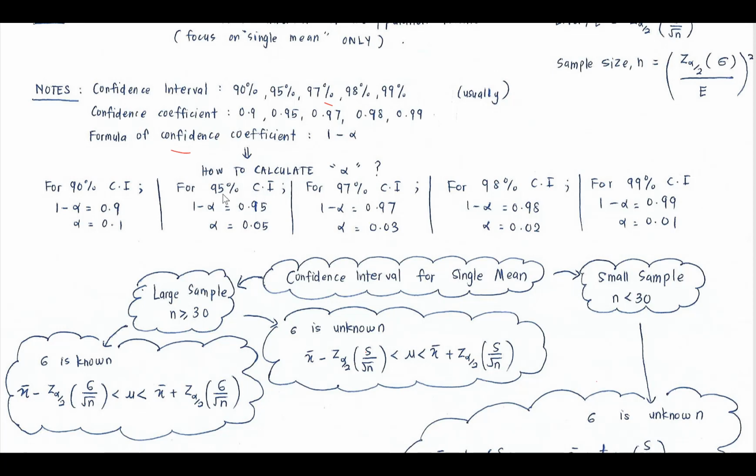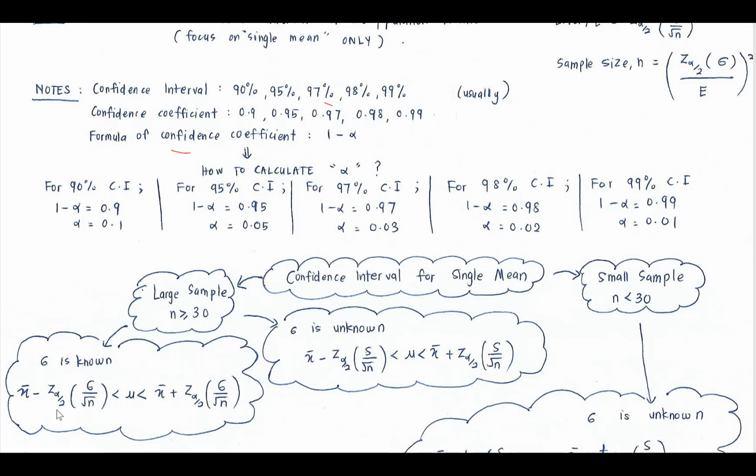Then we know the 95% confidence interval has a 0.95 confidence coefficient. By using the 1 minus alpha formula, you get alpha equal to 0.05. Now this alpha is equal to 0.05. Then we divide by 2, then you get 0.025.